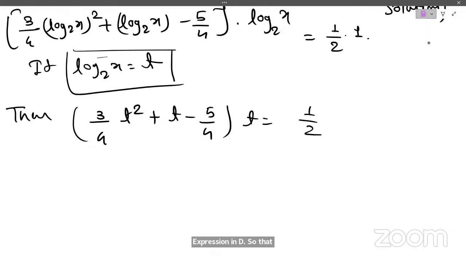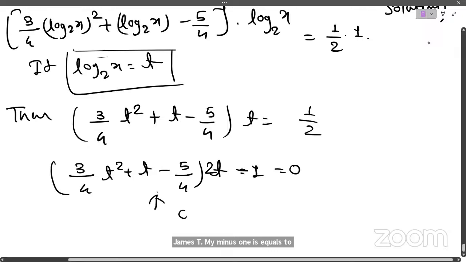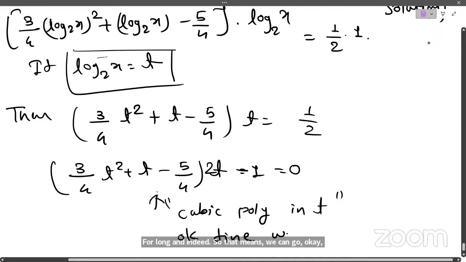So that means (3/4 t squared plus t minus 5/4) times t, minus 1/2, equals 0, that is, 3/4 t cubed plus t squared minus 5/4 t minus 1/2 equals 0. So this becomes some cubic polynomial in t. So intuitively we can say, okay, fine, we may have 3 roots.